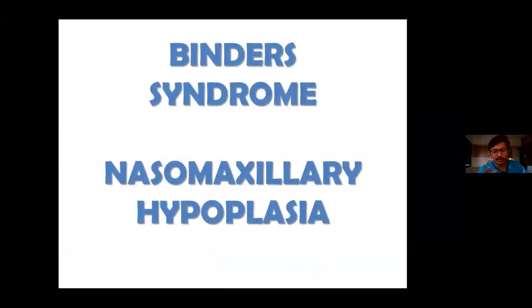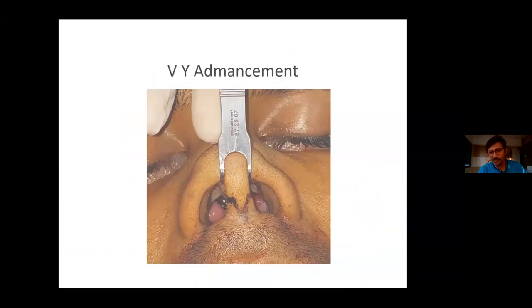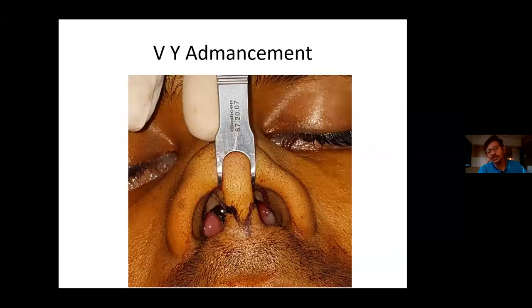Coming to cases like Binder syndrome and nasomaxillary hypoplasia, for instance. Binder syndrome cases generally have hypoplasia of the entire nose and the maxilla, called nasomaxillary hypoplasia.